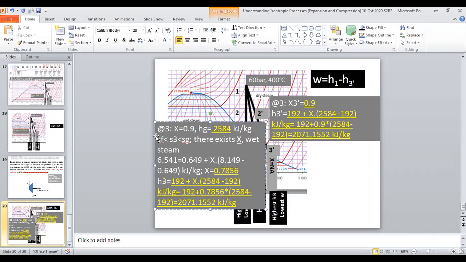Then your HF value, you have 192 kilojoule per kilogram.